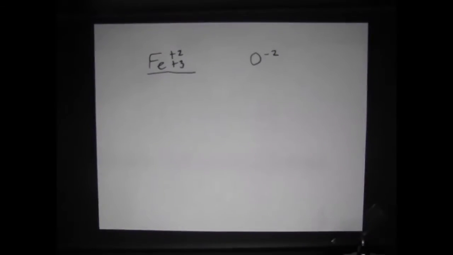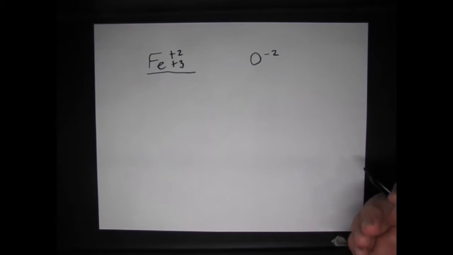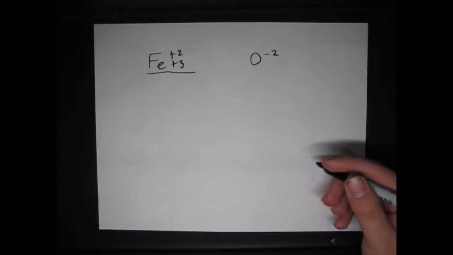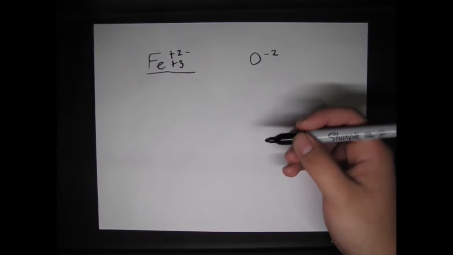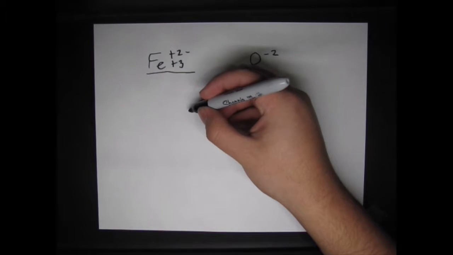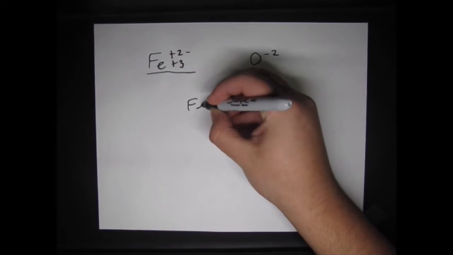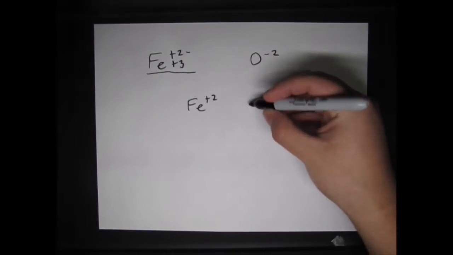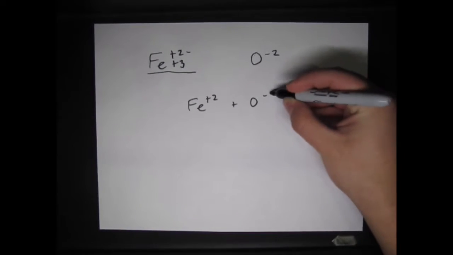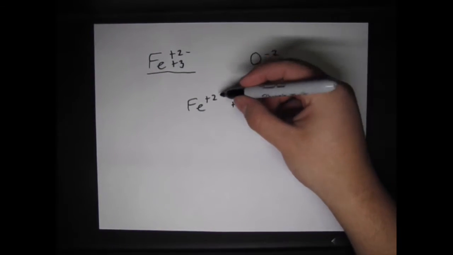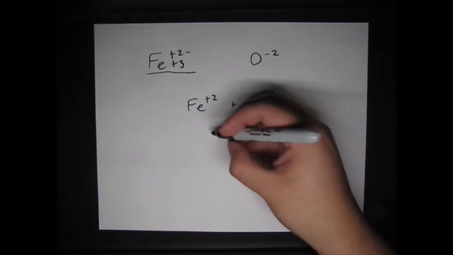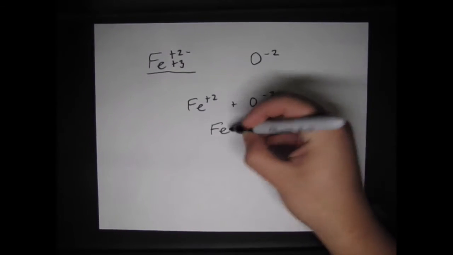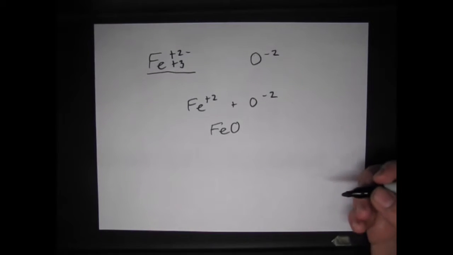Now, for multivalent metals, we have to decide which charge we're going to be using for the formula. For the first example, we're going to be using the +2, so it would just be iron +2 and oxygen -2, and since these both have a charge of 2, they would cancel out, giving us the formula of iron oxide.